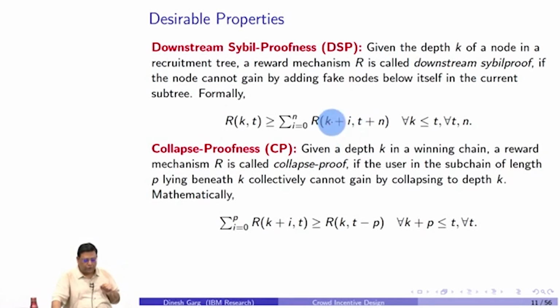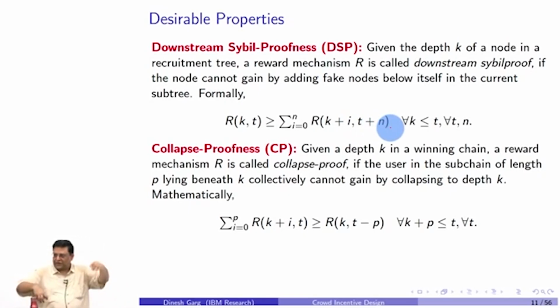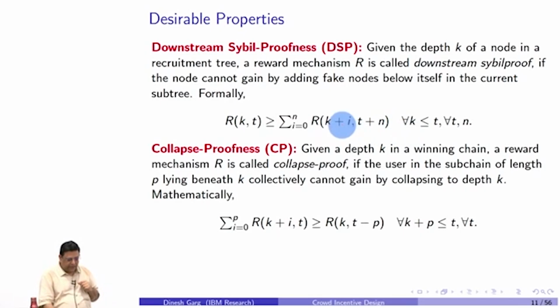And if K recruits, let's say, n number of nodes below it in a fake manner, then the total length will now become T plus n, because Carol has recruited n nodes, who are sitting at the kth position, and she will take all the rewards home for each position starting from i equal to 0 to n. So this will be the total take home reward, whereas the current take home reward for Carol is this much.